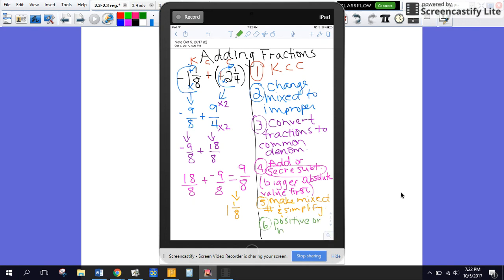This is going to be one of the most commonly missed steps. Hopefully you guys take the time to think about that at the end. Our answer here, I'm just going to go ahead and write it. You won't get the question wrong if you don't put the positive sign, but since it's our notes, I'm going to write it in green that we knew the answer was positive.